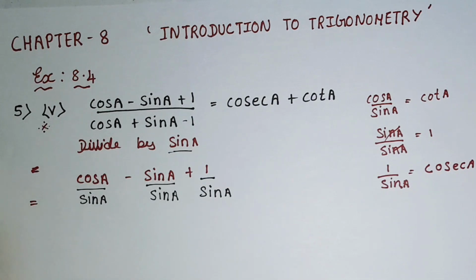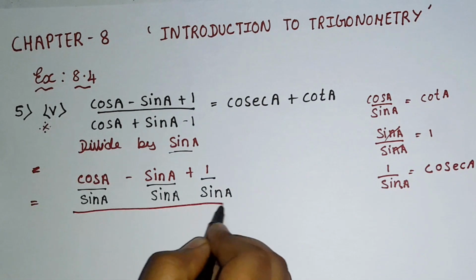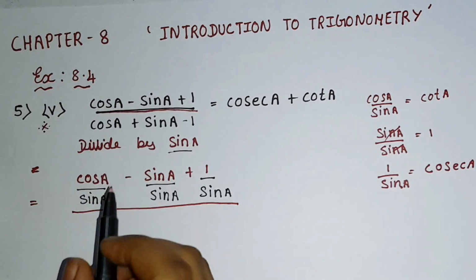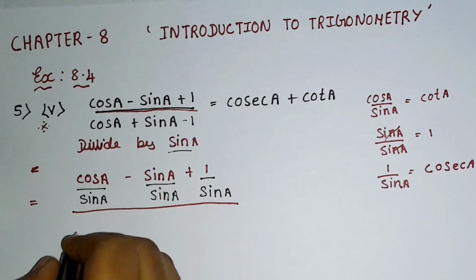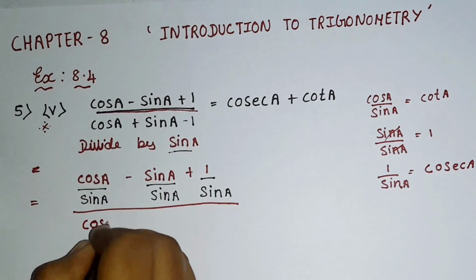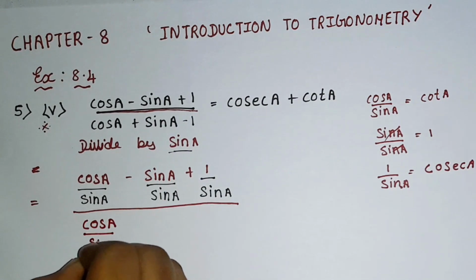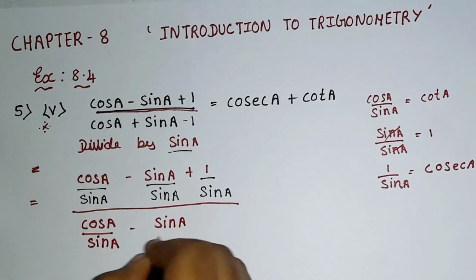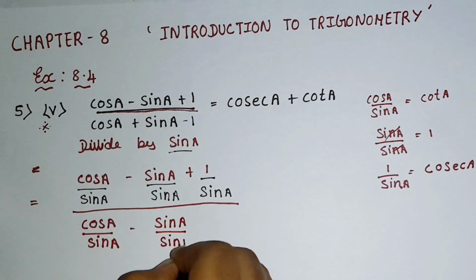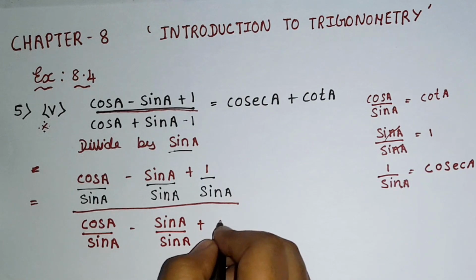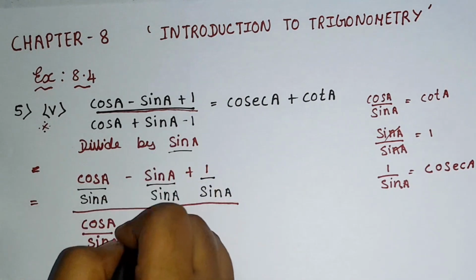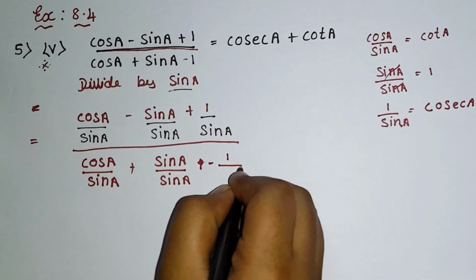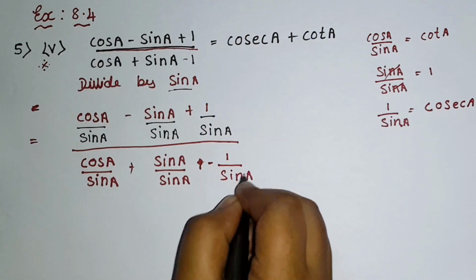Okay, so now for the denominator: cos A divided by sin A, minus sin A divided by sin A, and then since here it is minus, minus 1 divided by sin A. This is plus.